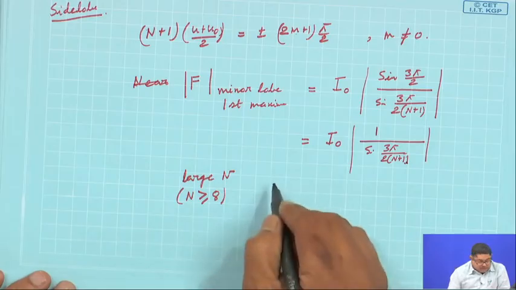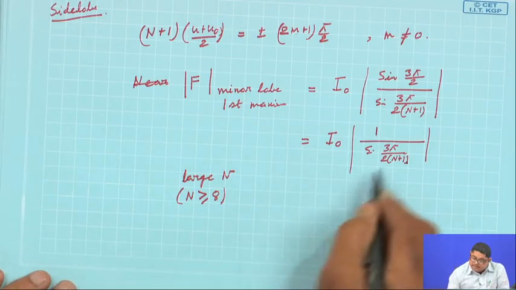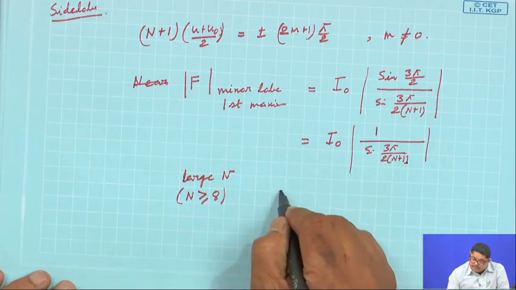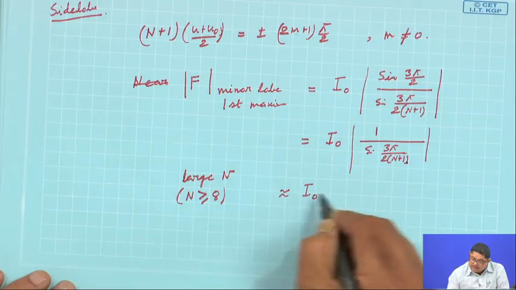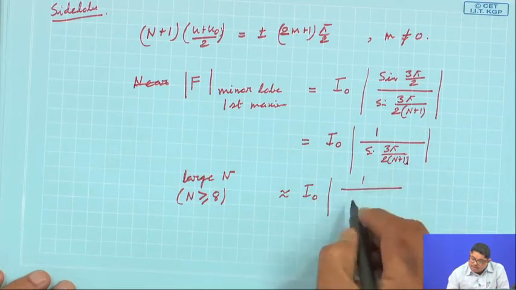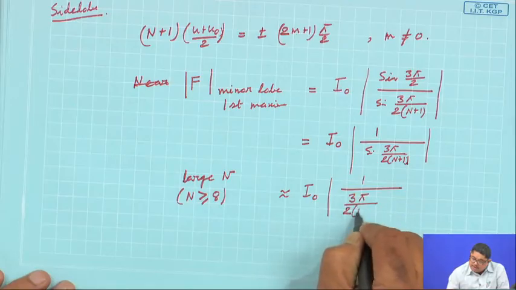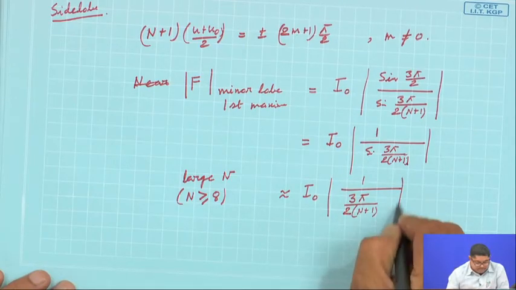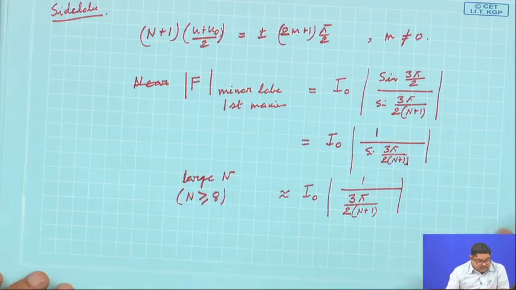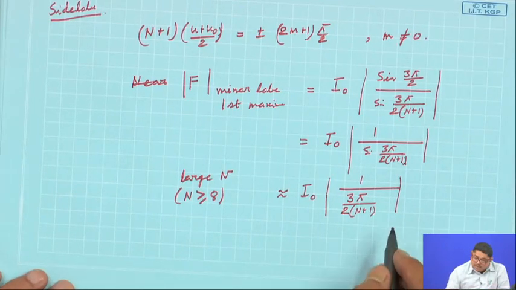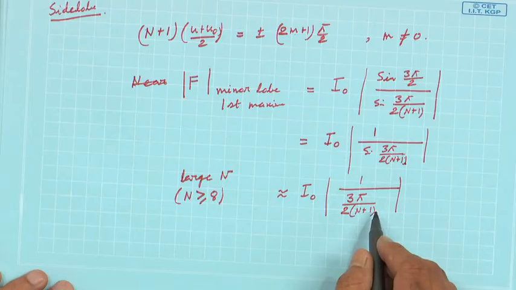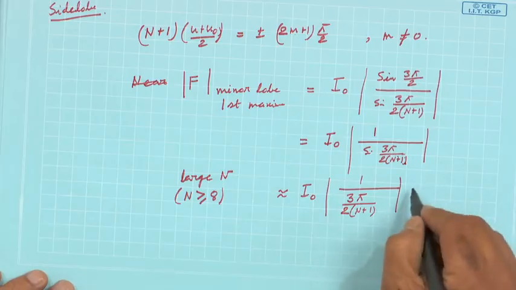So this is approximately I naught 1 by 3 pi by 2(n plus 1).